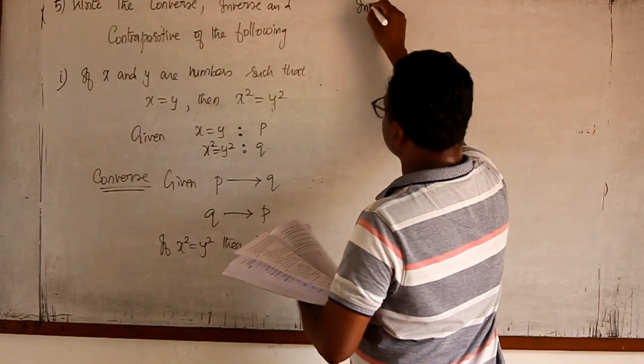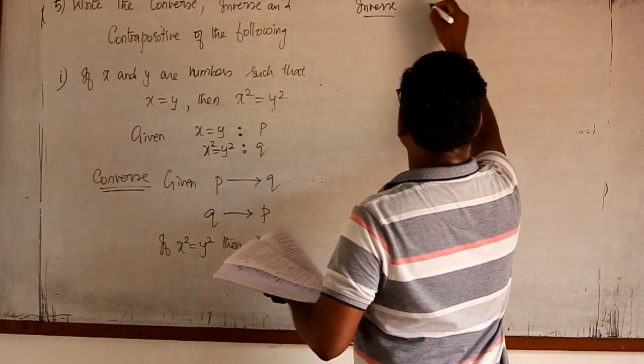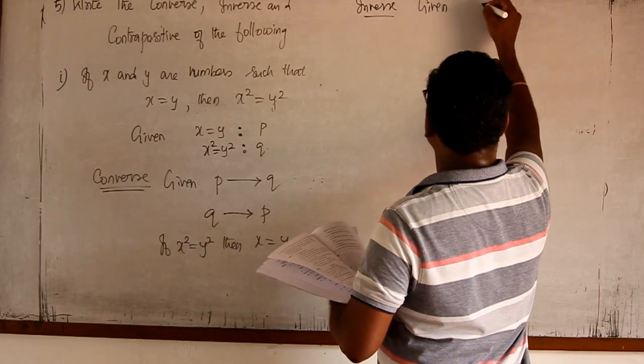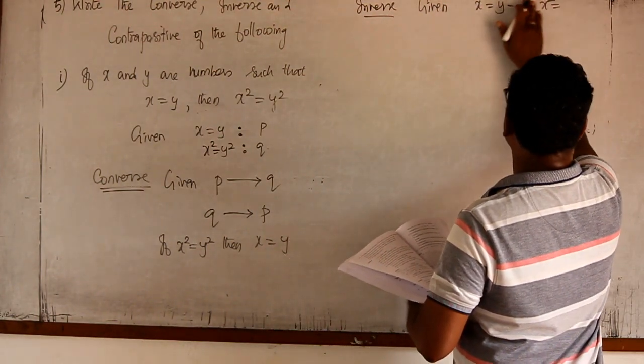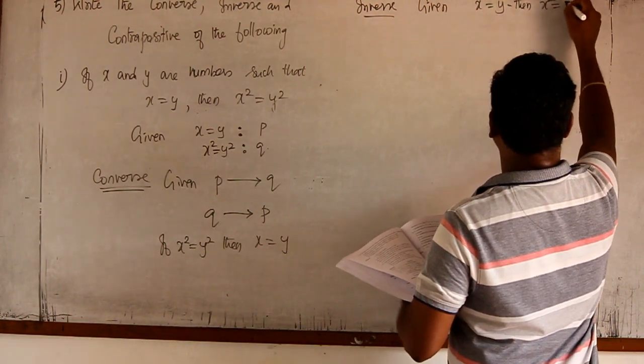Now the inverse statement is the negative statement. What is given? If x equal to y, then x square equal to y square.